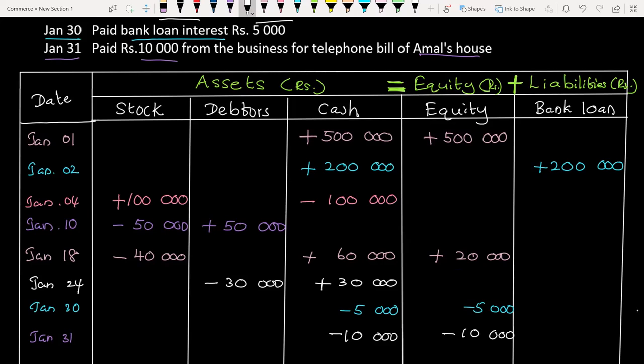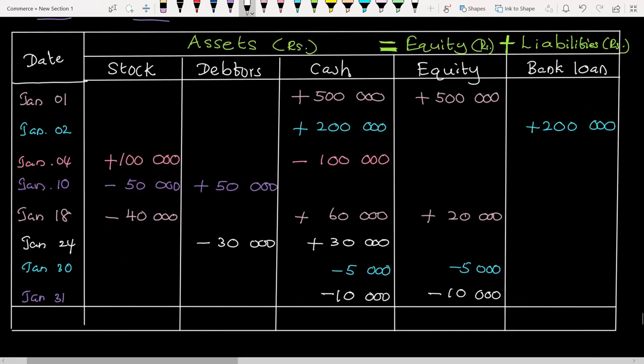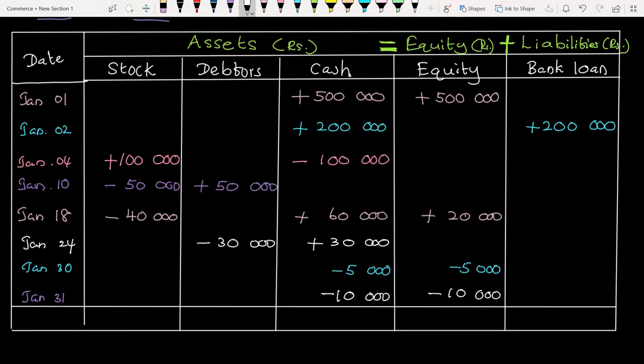Plus means increase, minus means decrease. Therefore, we need a separate row to indicate the closing balances of each column. So here I'm going to write closing balances.